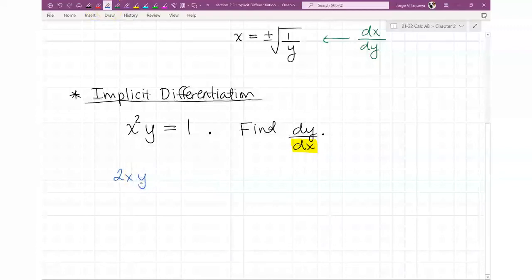Remember, it's the derivative of the first function times the second function. So that's 2xy plus, write the first function, x squared, and then take a derivative of the second function. What's the derivative of y? 1. But which letter am I supposed to be taking derivatives of? x. And I just took a derivative of y.